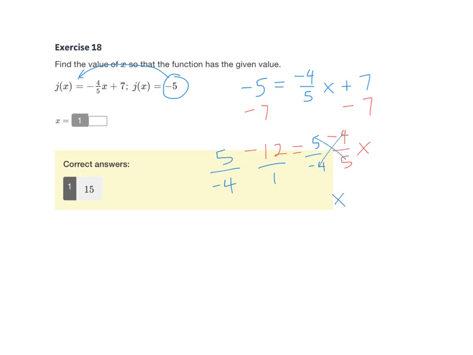That would give us just 1, and 1 times x is just x. On the left-hand side, we can do some cross-canceling, where 4 goes into 4 once, and 4 goes into 12 3 times. Multiply across, we'd get negative 15 over negative 1. And a negative divided by a negative is positive. So we get x is equal to 15.